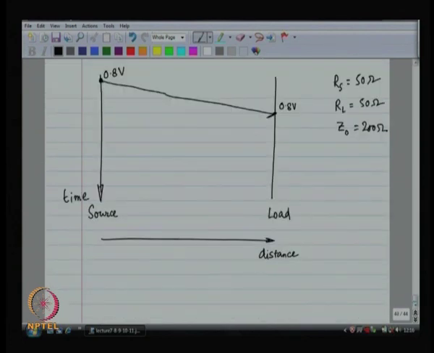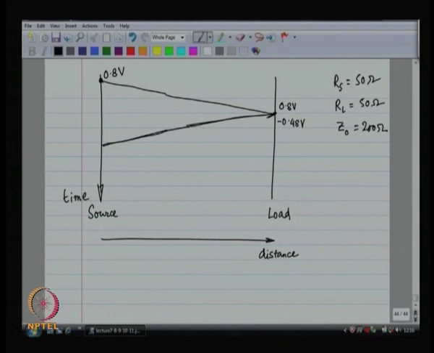Okay. So, instantaneously minus 0.6 times 0.8, so minus 0.48 volts gets launched backwards. And this is your V minus, which is propagating all over the wire.